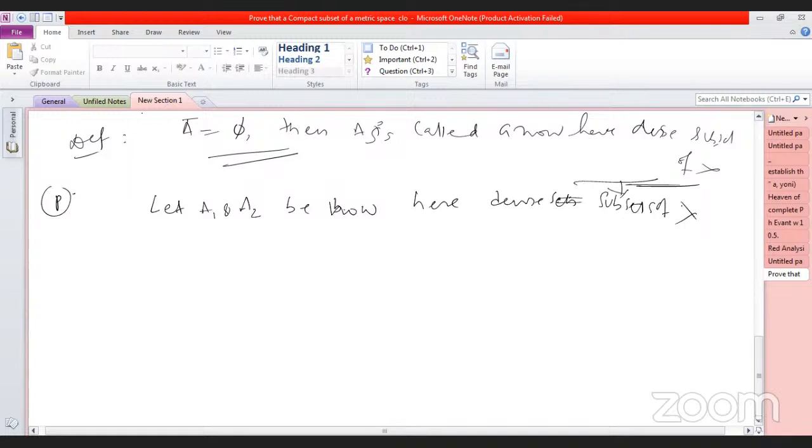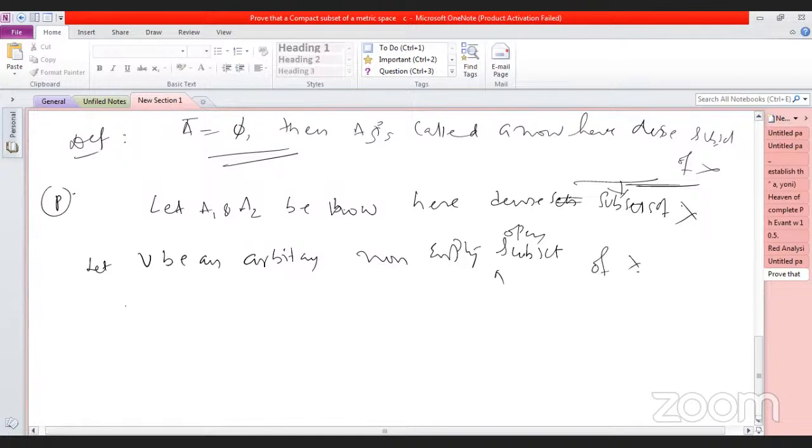So therefore we are taking here, let V be an arbitrary non-empty open subset of X. So there exists a non-empty open subset.